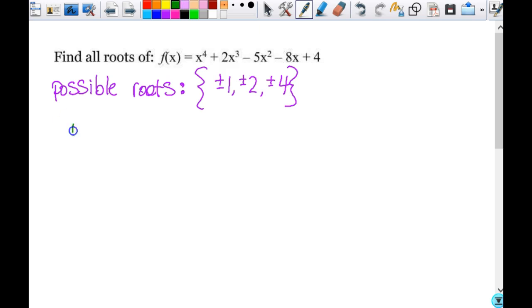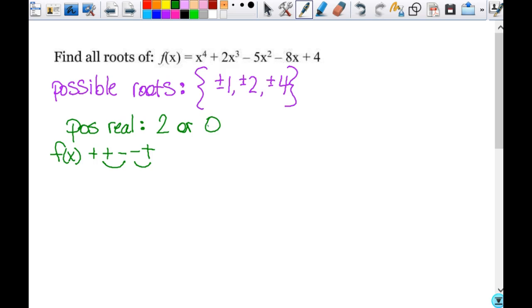Then I've got to find the number of positive real roots. That's for f of x. So when I look at these signs, it's positive, positive, negative, negative, positive. How many sign changes is that? 2. 1, 2. So that means this is 2 or what? 0. Okay.